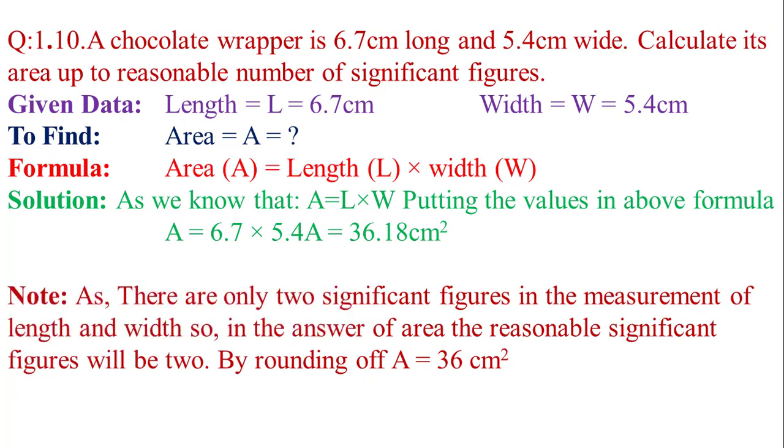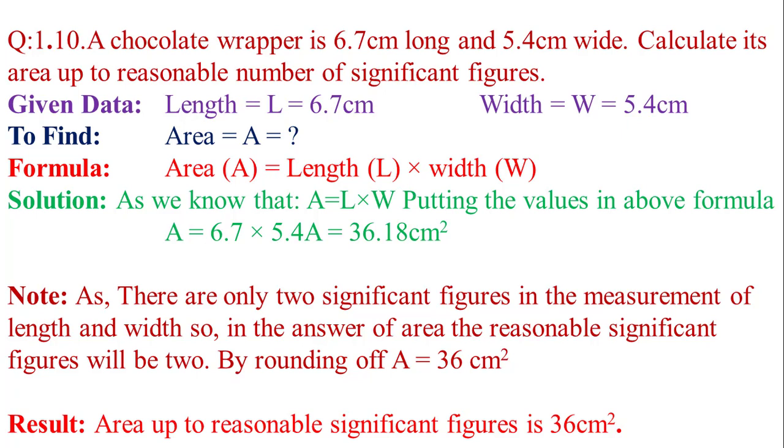Note: as there are only two significant figures in the measurements of length and width, the final answer for area to a reasonable number of significant figures will be two significant figures. By rounding off, area A is equal to 36 centimeters square. Result: area up to reasonable significant figures is 36 centimeters square.